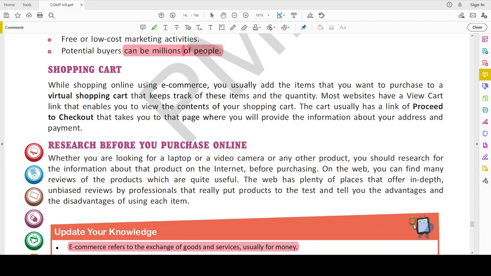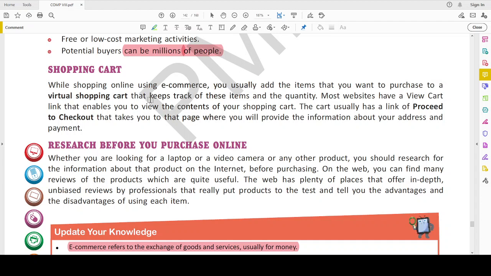Welcome students. In this tutorial we will continue with the chapter e-commerce. We have read about the various models of e-commerce and discussed the examples.